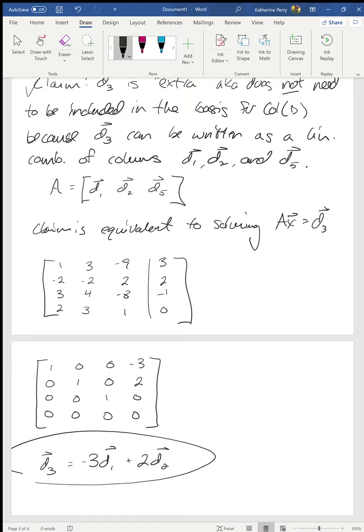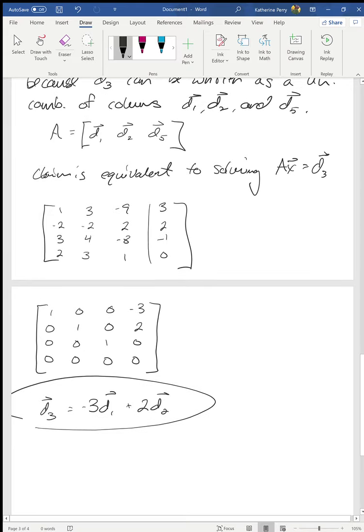And I'll say that, in fact, the same thing ends up happening with D4, and if you follow the same process, it is equal to 5 times D1 minus D2.